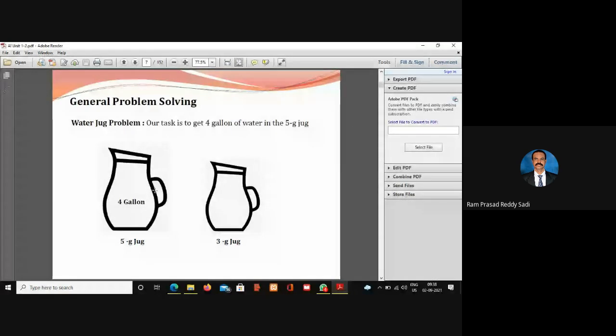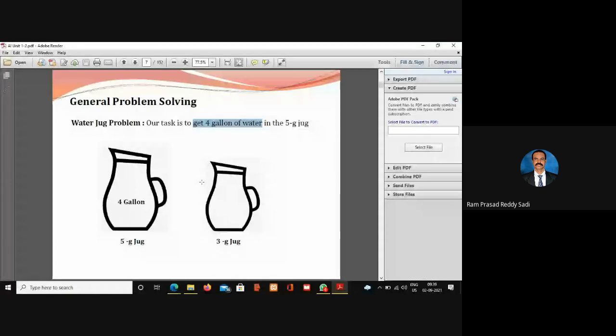What is the problem? The task is to get 4 gallons of water in the 5-gallon jug. The ultimate solution should have 4 gallons of water. If I had a marker over here, then I wouldn't need this jug at all.